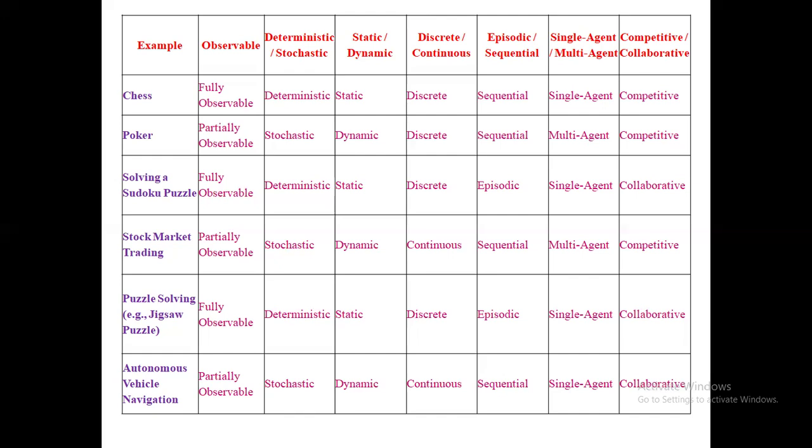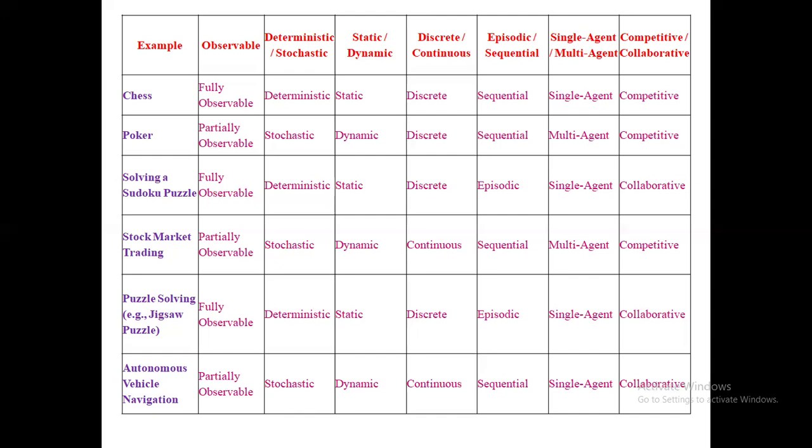The game is static as the environment does not change outside the player's actions. Chess operates in a discrete space with a finite number of possible moves at each turn. It is sequential as each action depends on the preceding moves, and a single agent when training an AI to play against a human or itself.